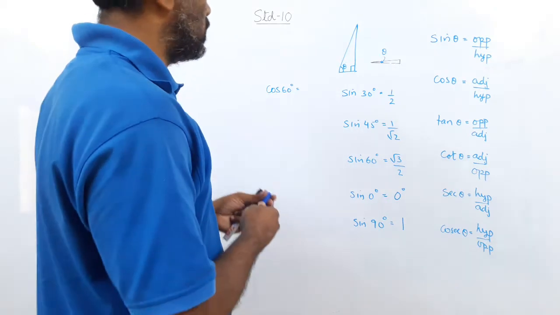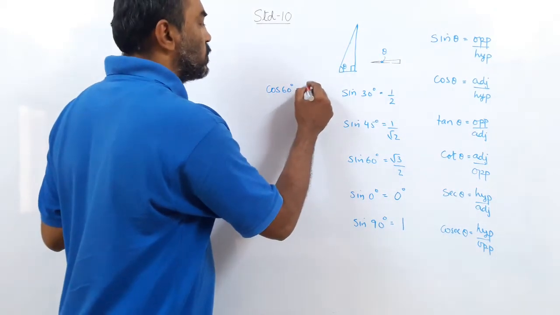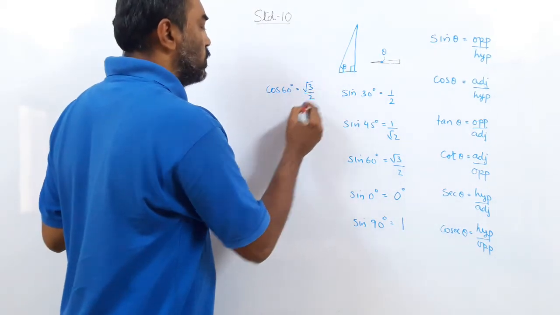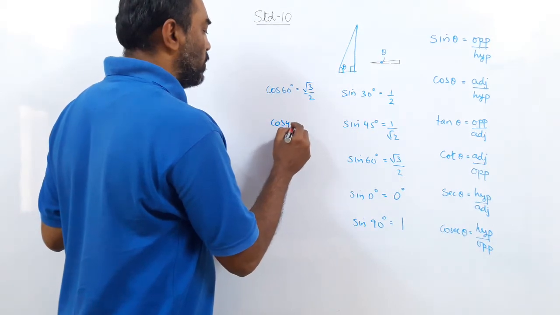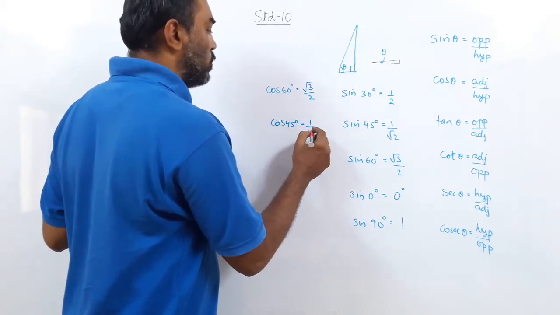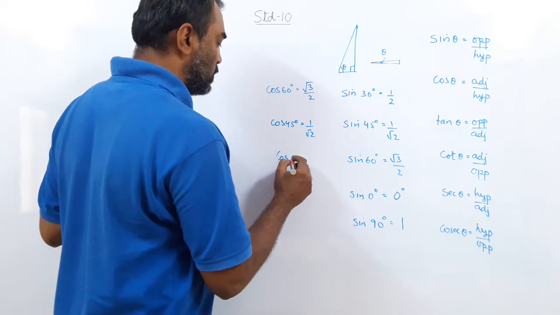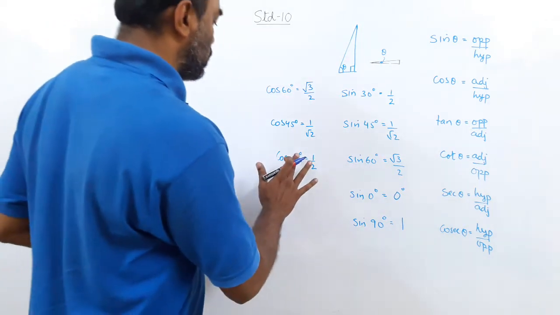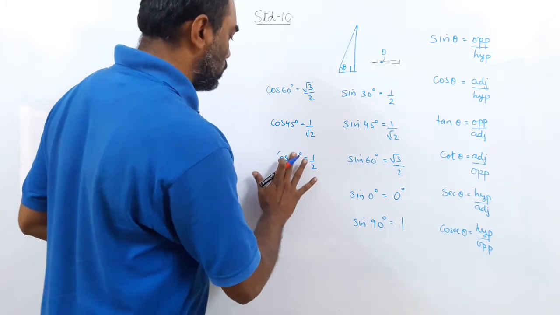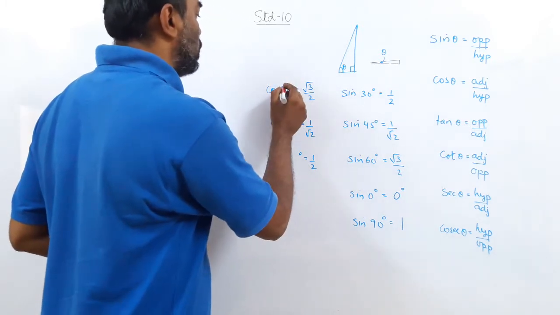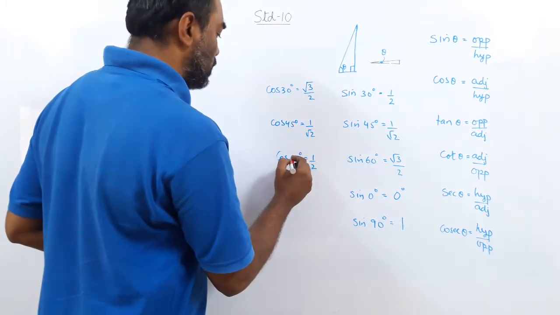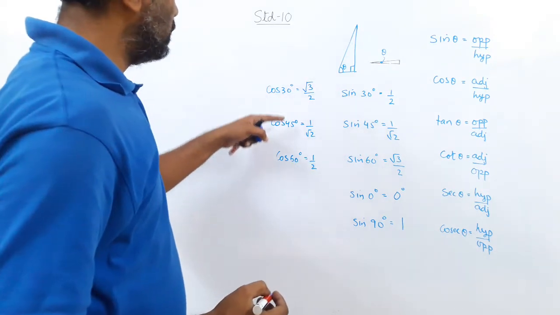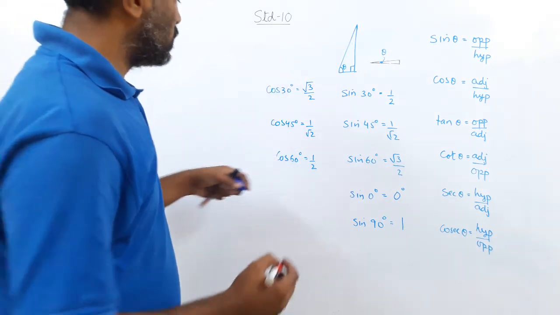Means cos 30 has the value root 3 by 2. Cos 45 has 1 by root 2. Cos 60 has 1 by 2. So the angle is increasing, the value of cos is decreasing.